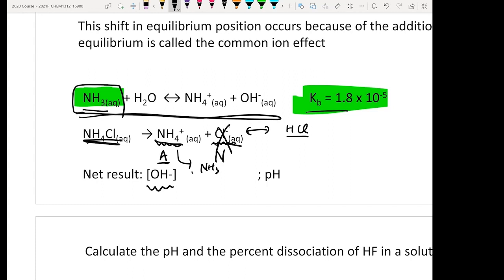Therefore, your OH minus concentration is going to decrease. Since you're throwing an acid into a solution, your pH is also going to decrease. The same concept, but in the previous example we were talking about acid, now we're talking about base. But the idea is, if you have a weak acid or weak base solution and you're throwing something else in, then you need to expect how your pH is going to change.